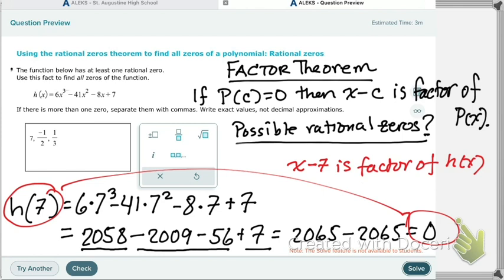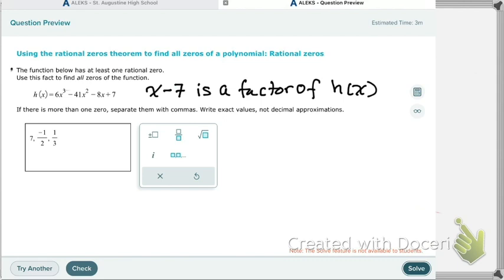All right, now let's look at what we're going to do with that information. Okay, so let's pause here for a moment and just remember what we're trying to do. We're trying to solve this, which means we're trying to factor it. And here I have found a factor, but I want the other factors. And so how do I do that?